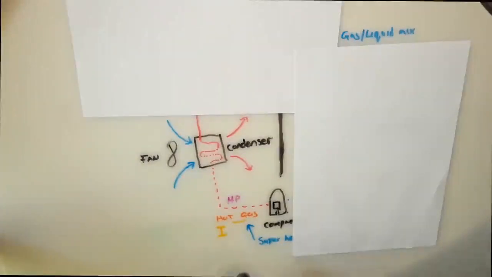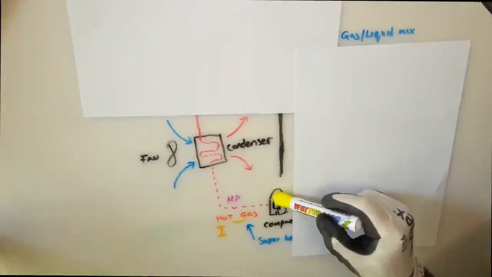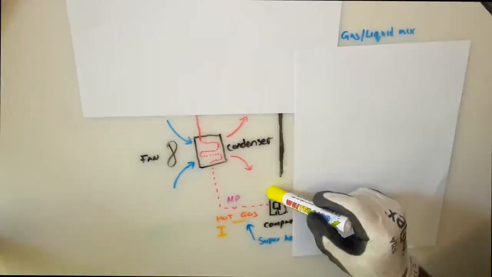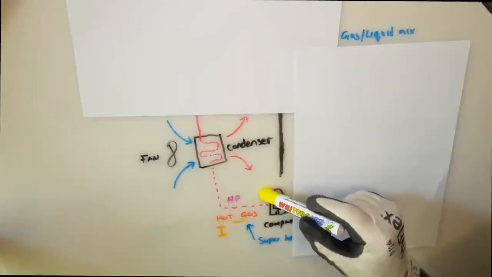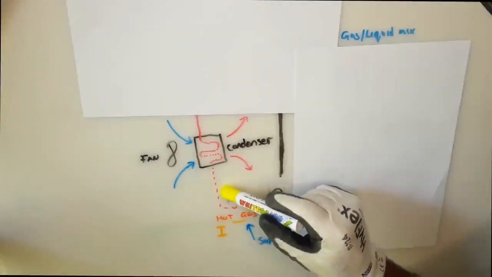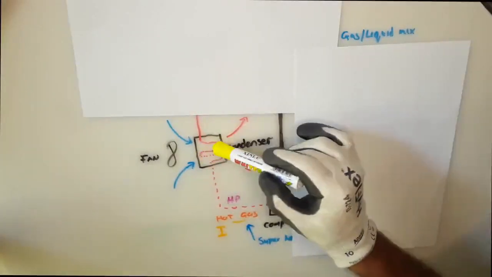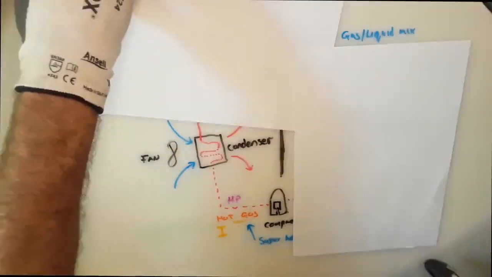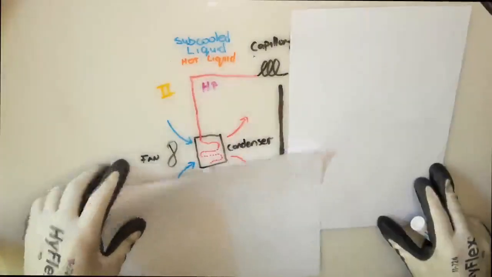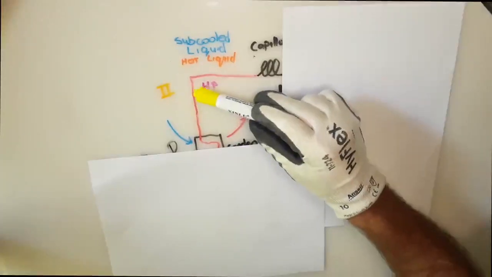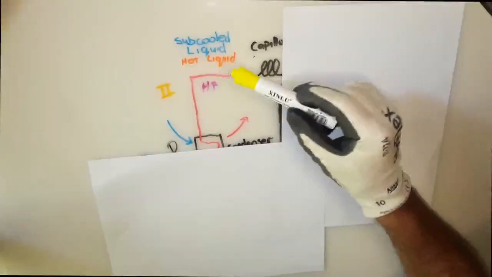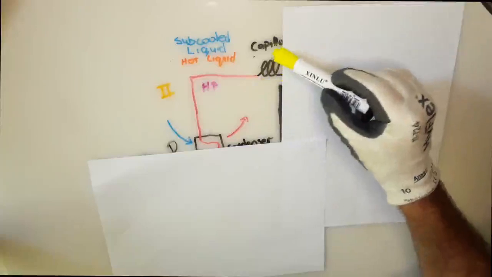As I mentioned, because there's high pressure, we have high heat, and the refrigerant is in a gaseous state. It moves to the condenser, where it starts to cool down, and it moves to my second stage as a subcooled liquid, still high pressure, relatively warm, and it goes into my capillary tube.